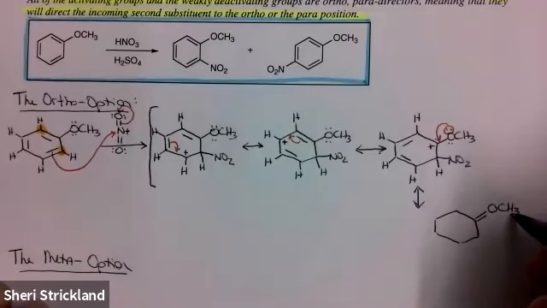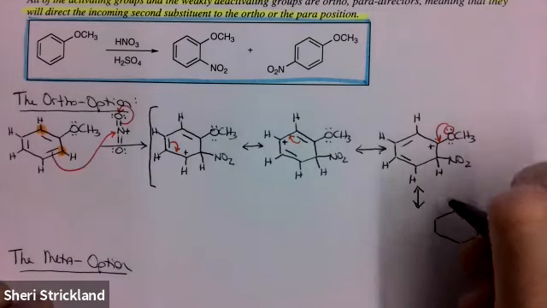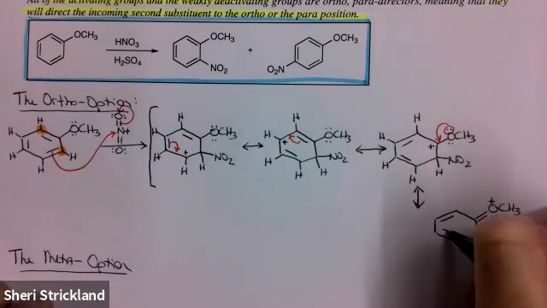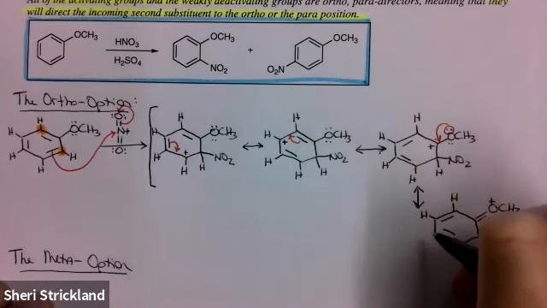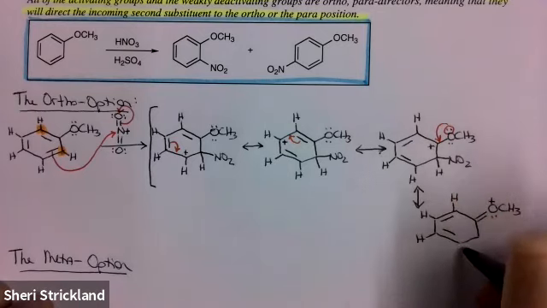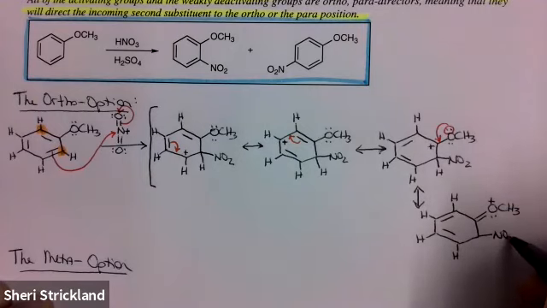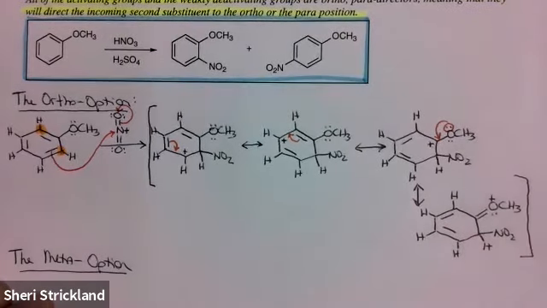And that moves the positive charge up onto the oxygen. And all the atoms stay in the same place because with resonance contributors, the atoms never move, ever. Okay, so 4 resonance contributors for the ortho option.